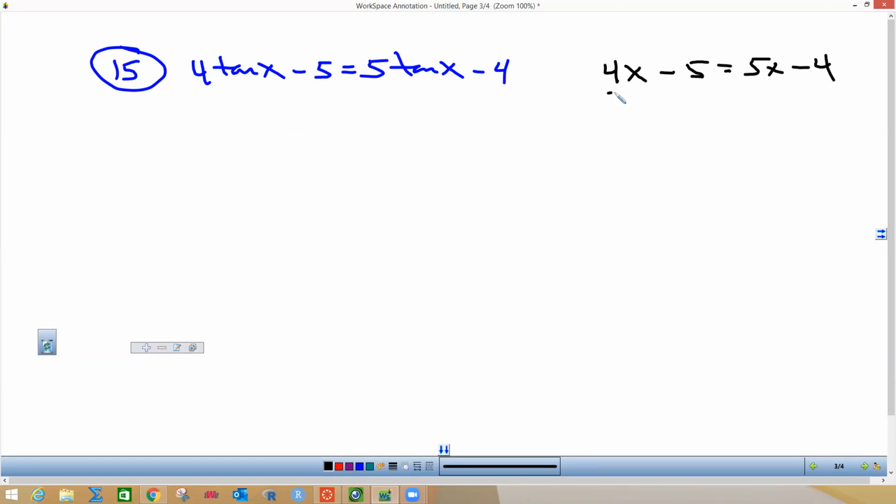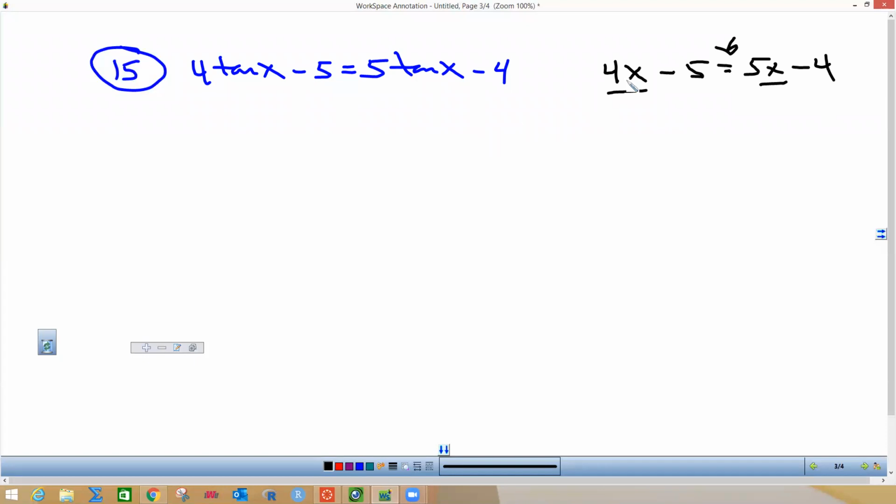What do you notice about your x's in the equal sign? Where are the x's in comparison to the equal sign? They're on both sides of equal, right? So we want to get all of our like terms together.